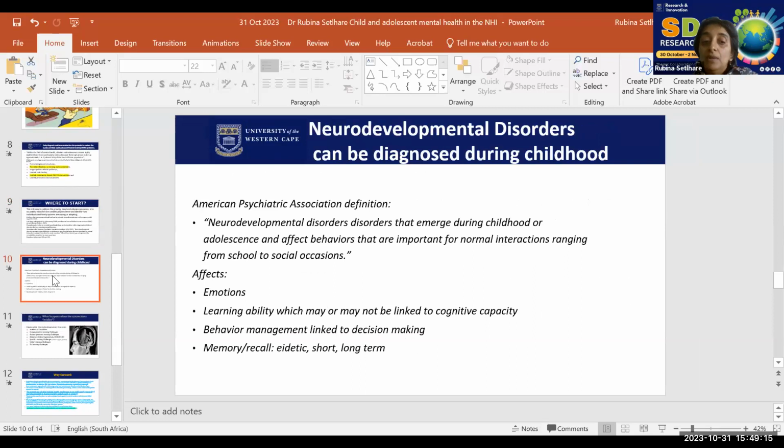So these neurodevelopmental disorders can affect the way a child learns, a child's emotions, their decision-making capacity, their memory, whether it's short-term or long-term or eidetic memory.